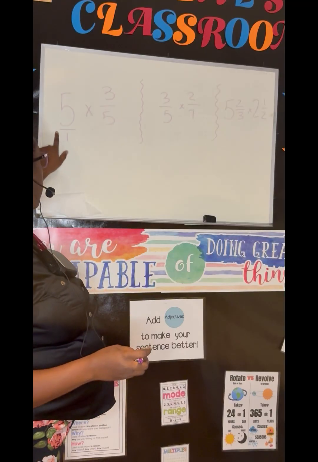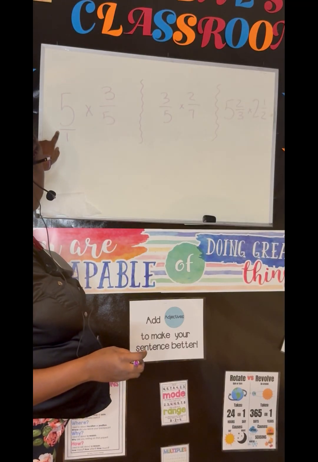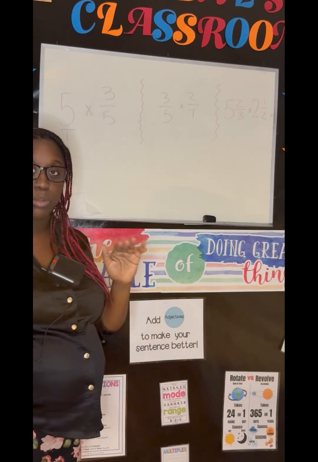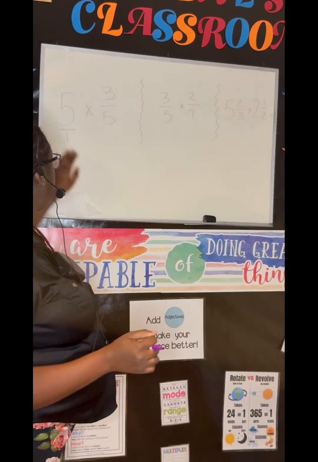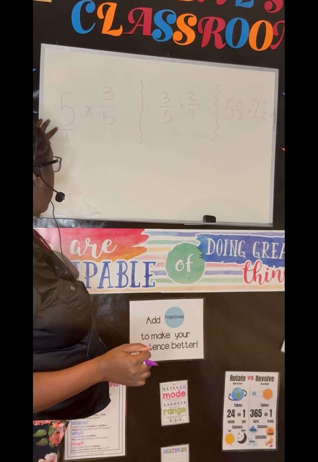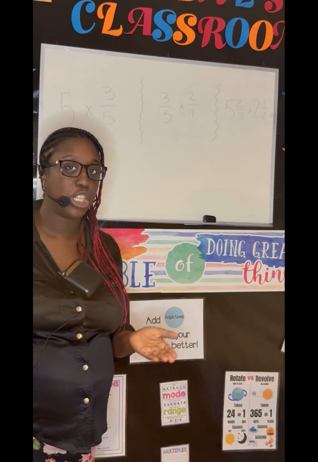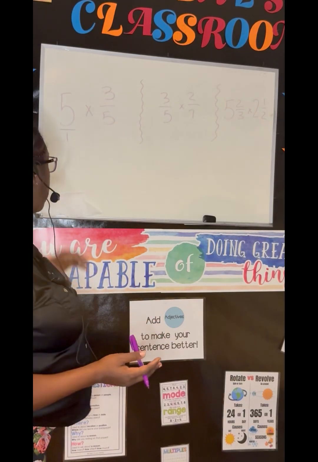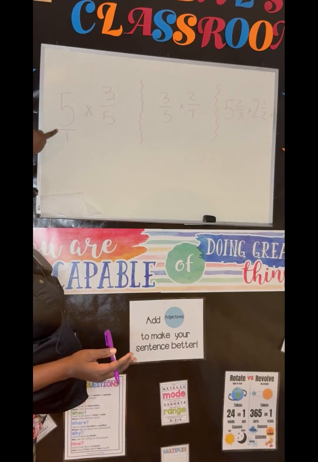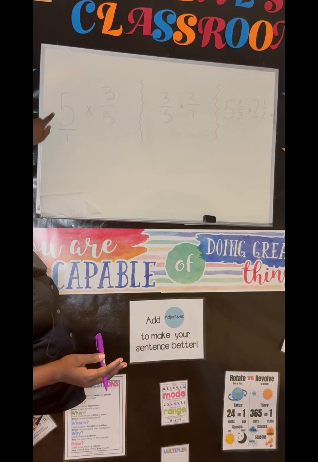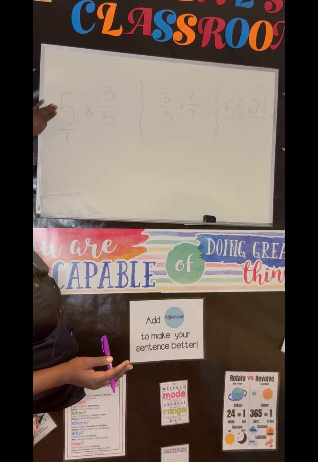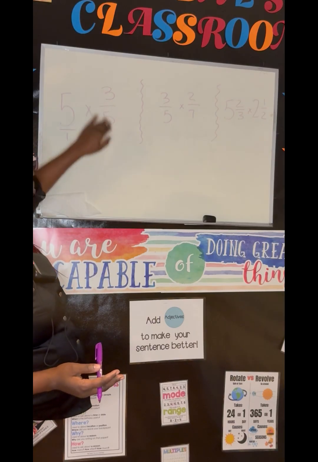Because the fraction bar, we call that a division bar. So this represents divide. So 5 divided by 1 is 5. It has not changed its meaning or its answer. So we know that this represents division, which means that here is 5 over 1 times 3/5.